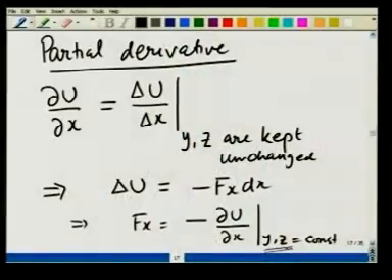So this is pretty much like one dimension, in that I am calculating the derivative of the potential energy. However, since I am talking about a three-dimensional case, I have to be slightly careful. When I am moving along the x-axis, I do not change y and z, because that will unnecessarily mix up things.